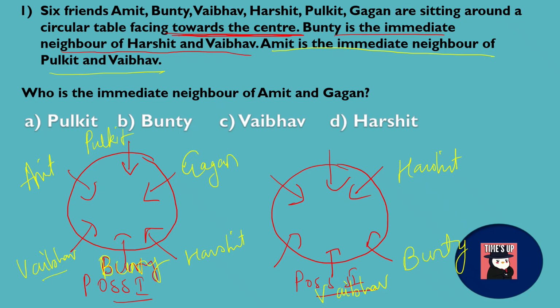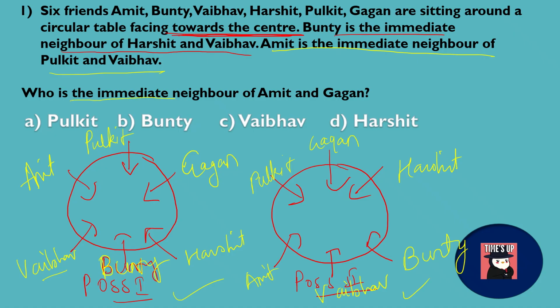Gagan will be placed here. In possibility 2, if I solve, then Amit is between Vaibhav and Pulkit. And who is left? Gagan is left. Correct? So in both the ways, if you solve, both the possibilities are right here. No problem. Okay?